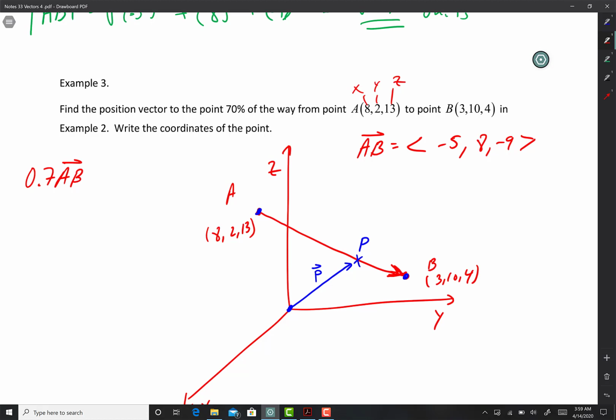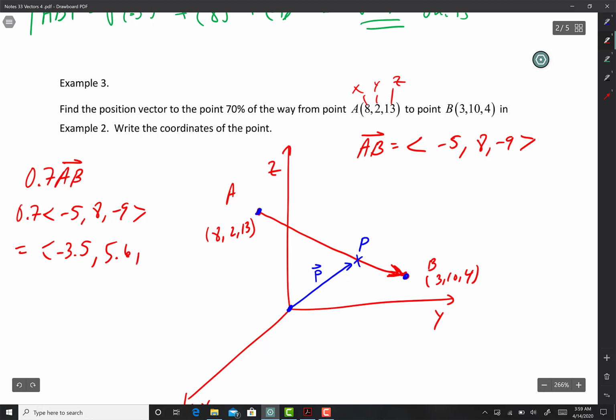I already have what AB is, so I'm going to go 0.7 times -5, 8, -9. 0.7 times -5 gives -3.5, 0.7 times 8 gives 5.6, and 0.7 times -9 gives -6.3. In case you're wondering where that 0.7 came from, it said 70%, and 70% in decimal is 0.7. So there it is, my vector with 0.7 of AB.